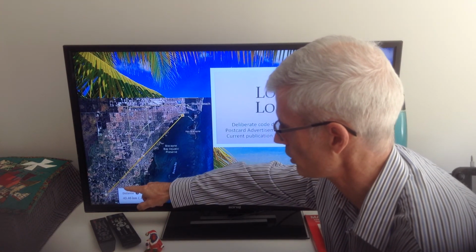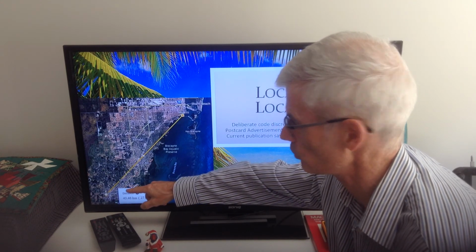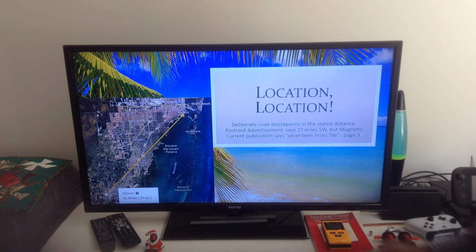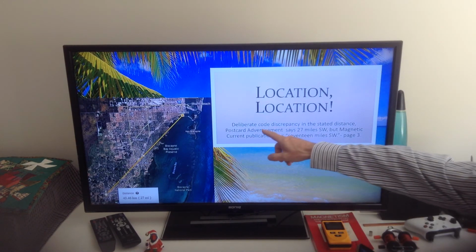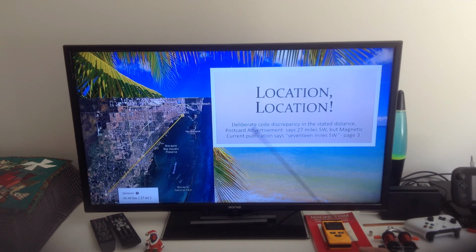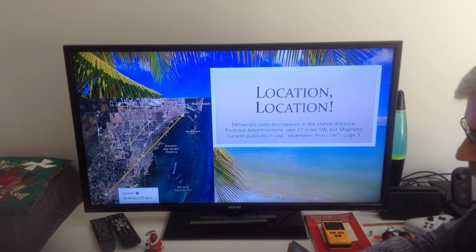He relocated Coral Castle. It was in Florida City, but that's another story. So we've got a deliberate code discrepancy in the stated distance. The postcard advertisement says 27 miles southwest, but the Magnetic Current publication says 17 miles southwest. So that's interesting to know.